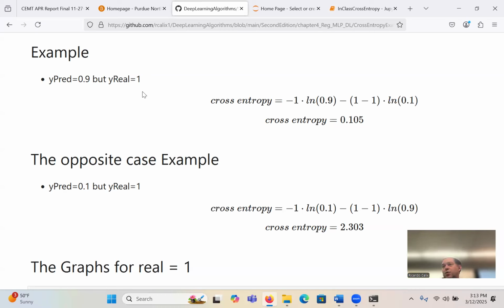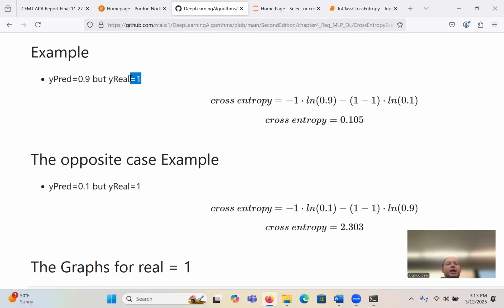So it's trying to predict if this is a cat, right? The label is 1, and the model said it believes it's 0.90, right? From 0 to 1. So that means it's pretty certain that it's a cat. This is almost like saying the following.